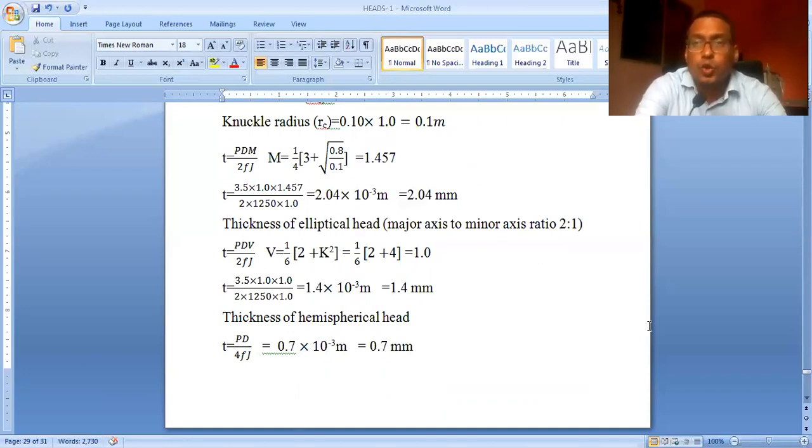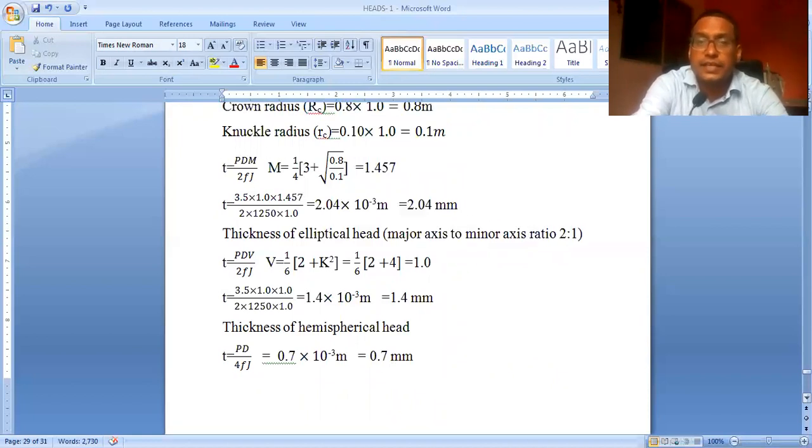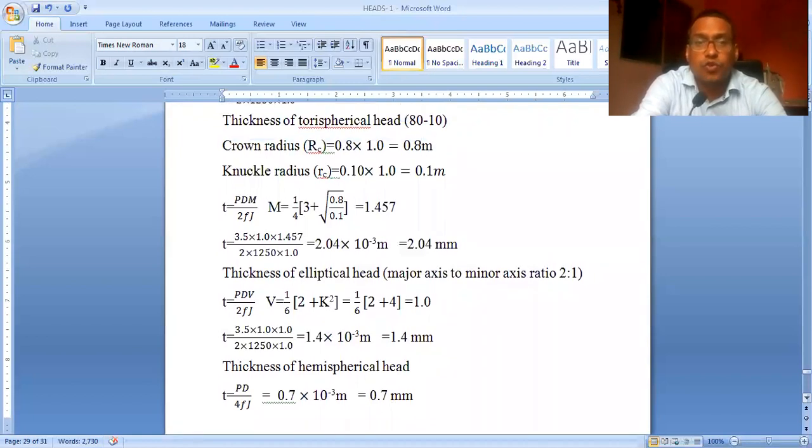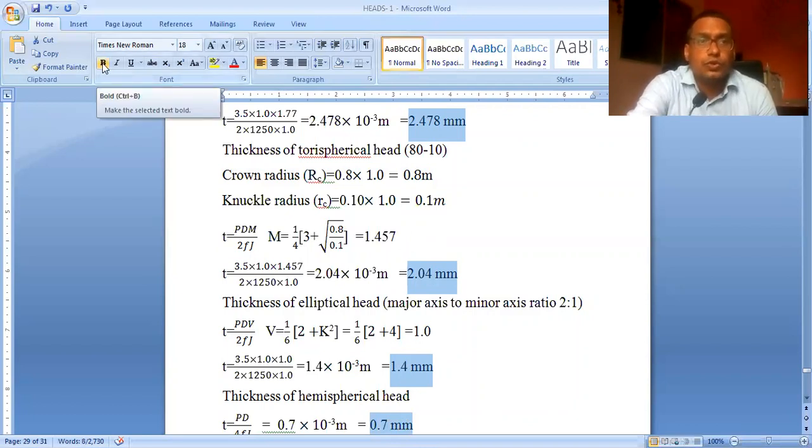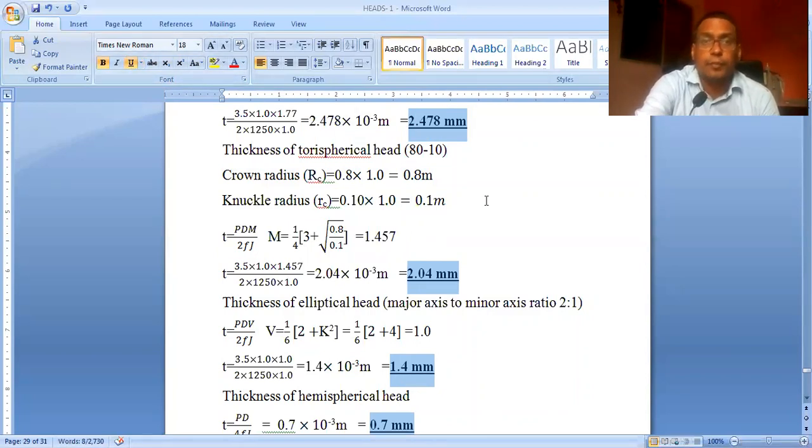Now, if you look at the numerical values for thickness calculation, that is 2.47 mm, then 2.04 mm, then 1.4 mm, and 0.7 mm. So these are the numerical values which are actually coming.